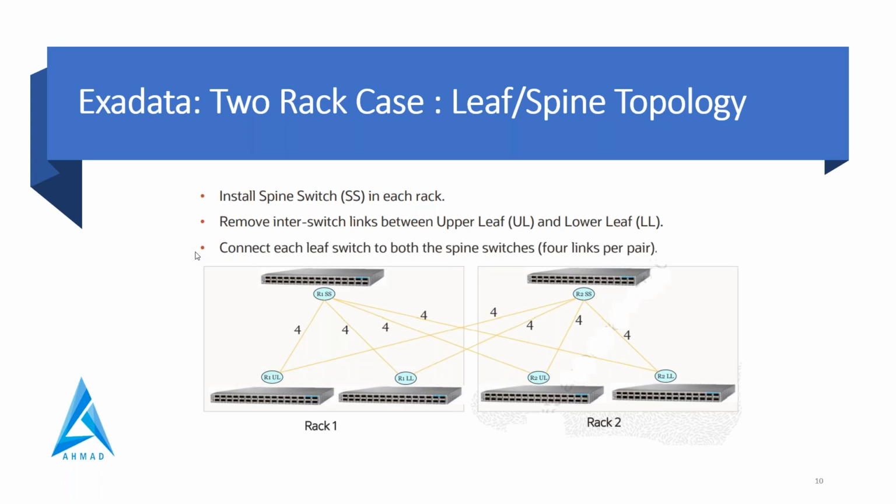In a standard standalone Exadata rack, each leaf switch has 7 links that connect it to the other leaf switches in the rack. When multiple racks are interconnected, these 7 links plus one separate link are redistributed to the spine switches. In the diagram, you can see a 2 rack example.